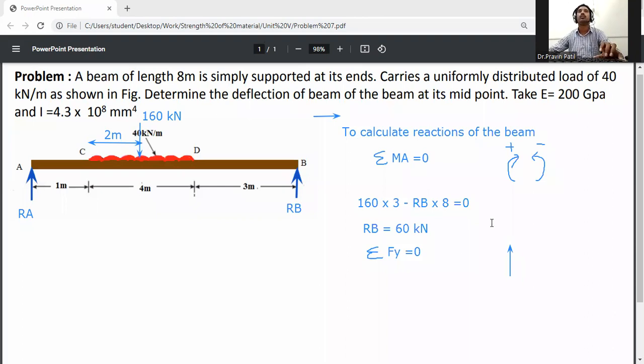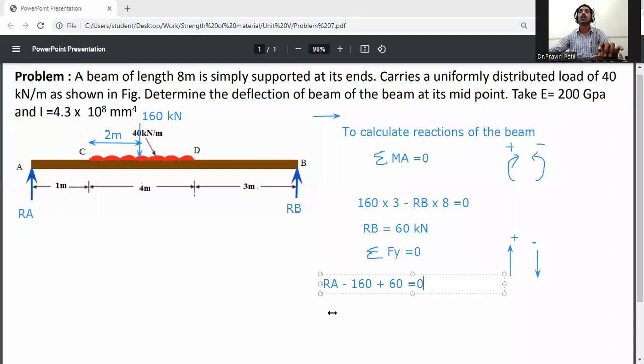If the force goes in the downward direction, we take it negative. So RA goes upward, then minus 160 goes downward, then plus RB is upward, and RB we calculated is 60 kilonewton, is equal to 0.